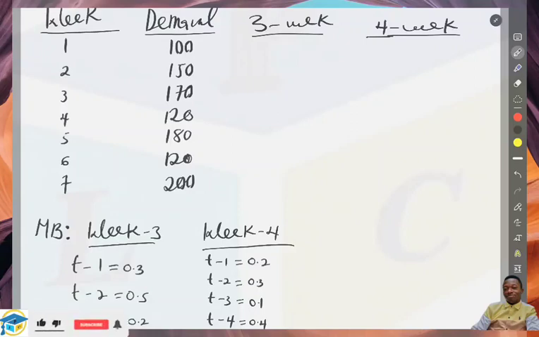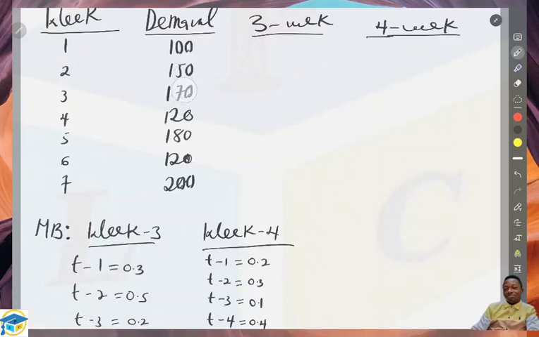So let's begin to fill. So since we are using a 3-week weighted moving average, that is for week 4, right? The reason why we can't forecast for week 1, week 2, and week 3 here is that we are asked to use a 3-week moving average. So when we want to forecast for week 1, we don't have the 3-week information that will help us to forecast for week 1.